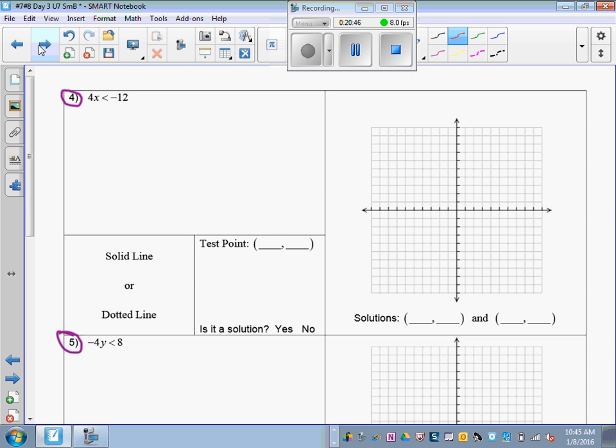Alright, so we're going to start off with number 4. Notice we don't have a y here, so we are going to solve for the only variable that's given to us, so x. And how do we get x by itself for this problem? Divide by 4. So this is just like what we were doing last class, where we're basically solving it.